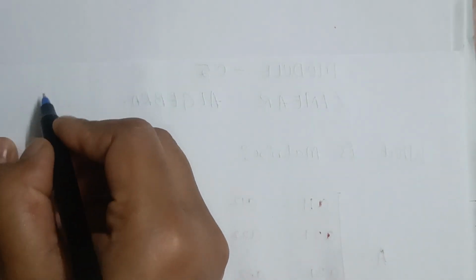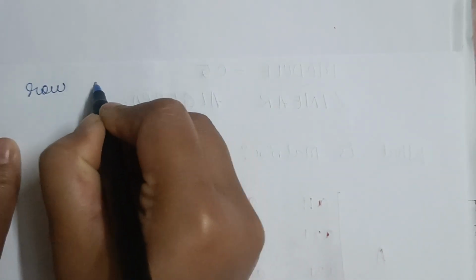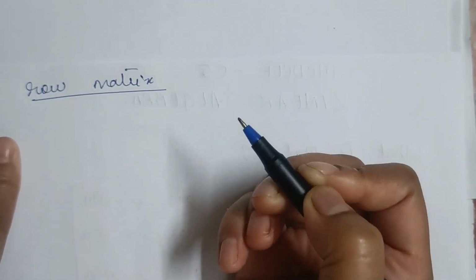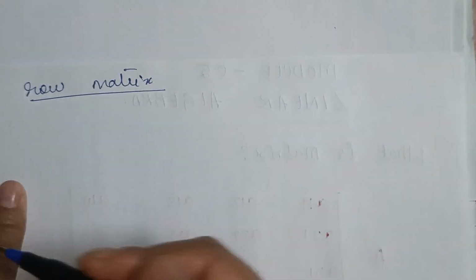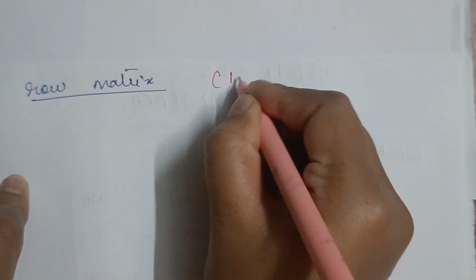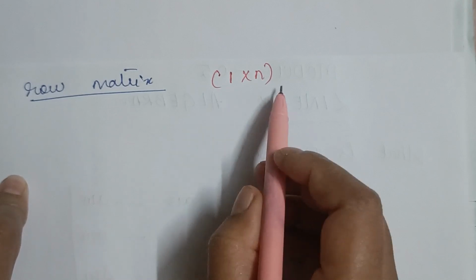Now again we have something called a row matrix. I discussed the square matrix, now we have the row matrix. You might know what it is, but still I'm going to explain. For the ones who don't know, and for the ones who know, it is just a kind of revision. The order is going to be 1 cross n or 1 by n.